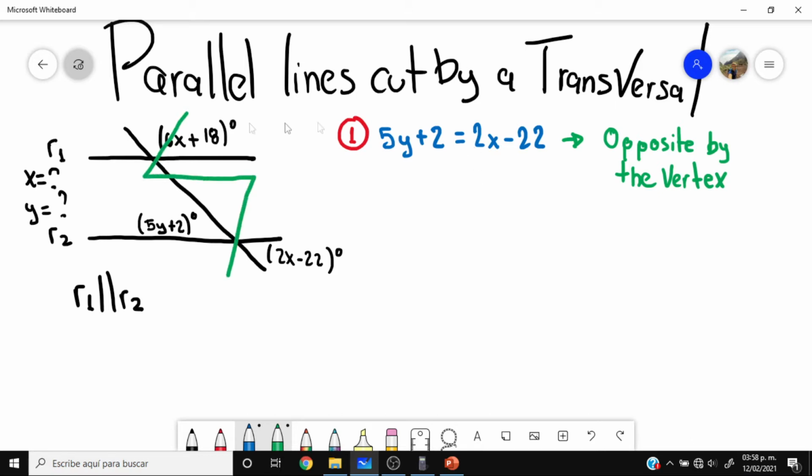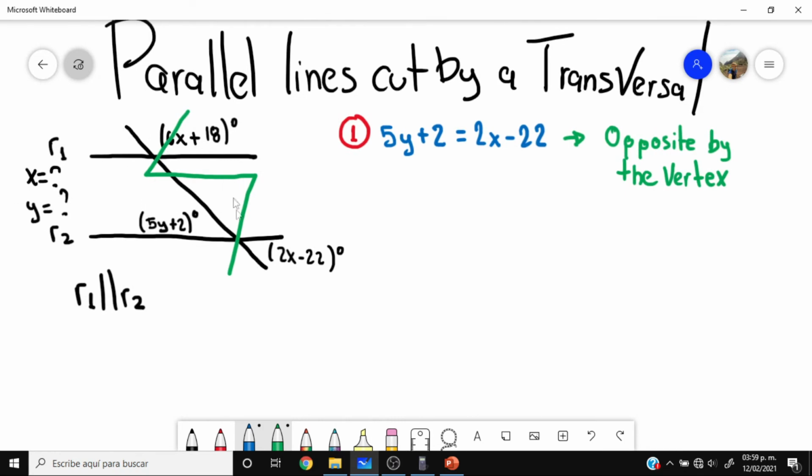So if you see this angle 6x plus 18 equals this angle right here, and also this angle right here. So what I'm going to do is write this angle over here. I'm going to erase this lightning because it's kind of confusing. I'm going to write that this angle is 6x plus 18.